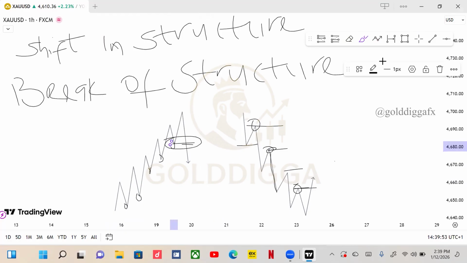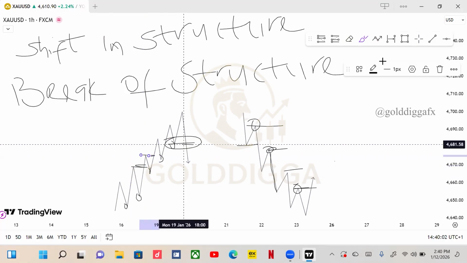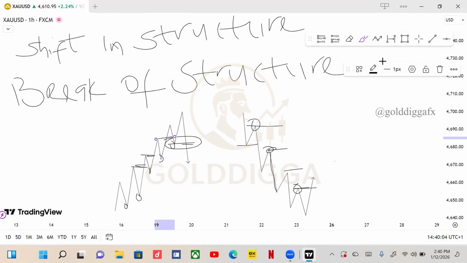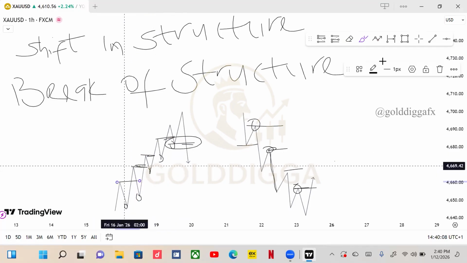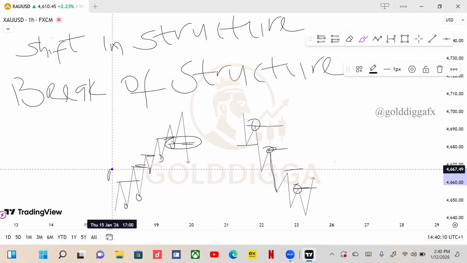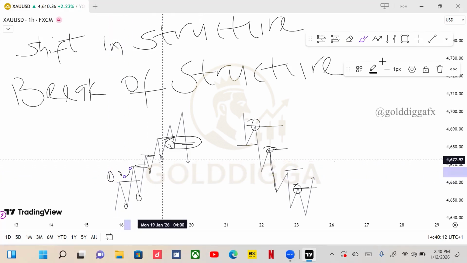Now, break of structure is when price is making higher lows and higher highs, and price breaks a higher high, another higher high, another higher high. Each of these breaks of a higher high to form a new high is called a break of structure, a BOS.